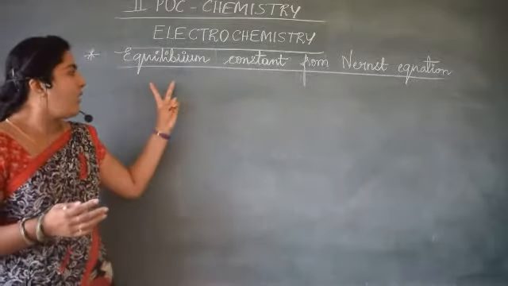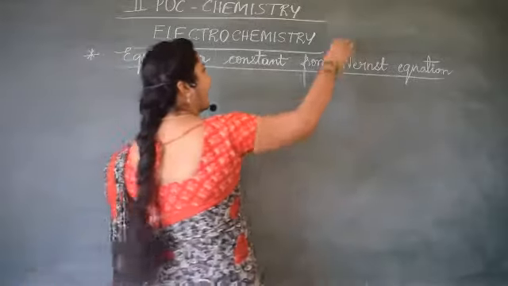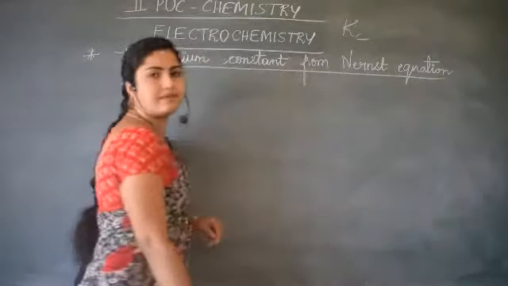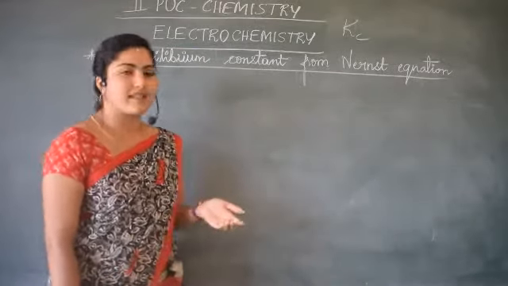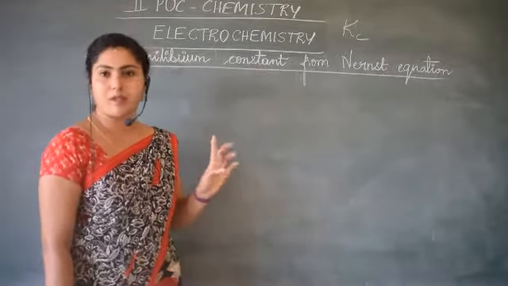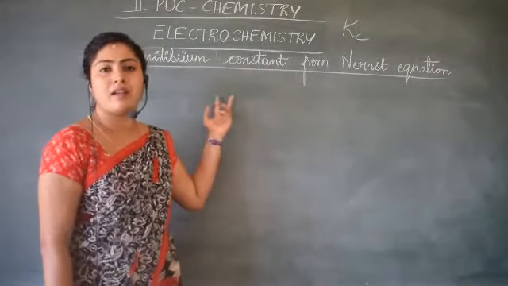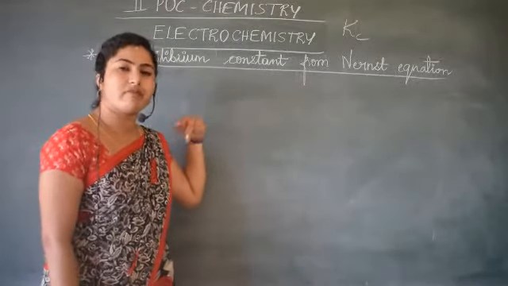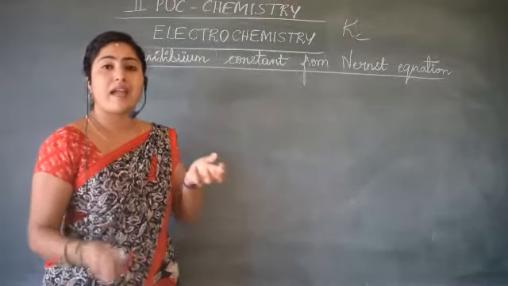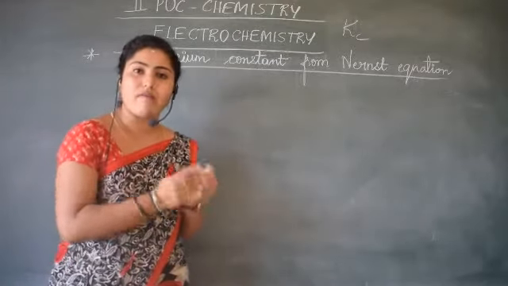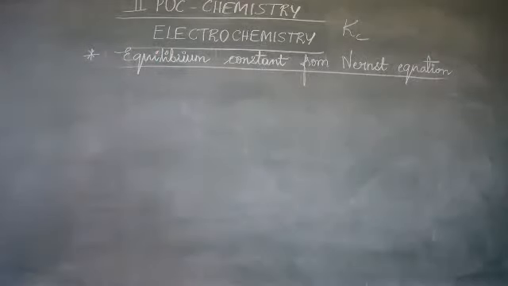Equilibrium constant is given as K subscript C if concentration is considered, and if pressure is considered in terms of gases, it is denoted as K subscript P. Now how from Nernst equation can we arrive at the expression for equilibrium constant, or how can we relate electrode potential with equilibrium constant? Let us consider Daniell cell.